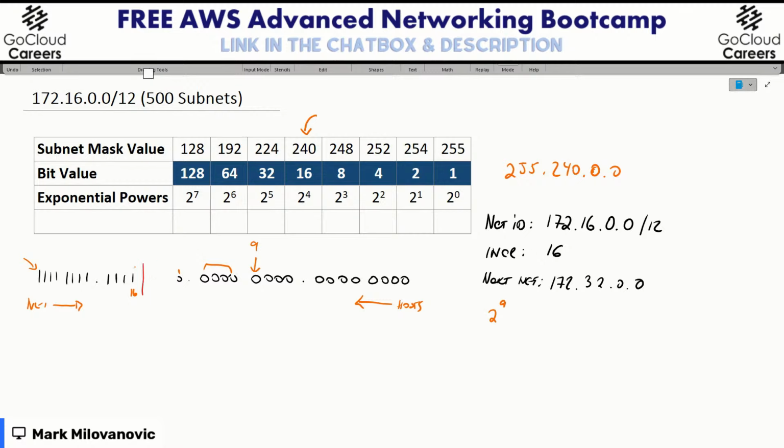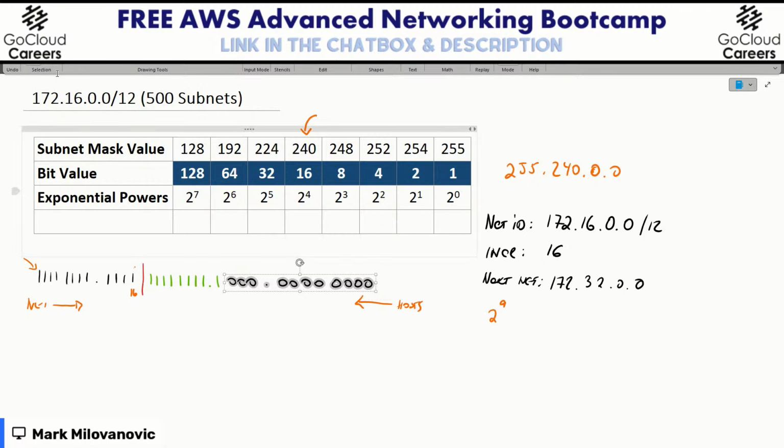And I'm going to change this up. I'm going to rewrite it because it's going to be my new network bit. So I got 1, 2, 3, 4, 5, 6, 7, 8, and I'm adding 1 more. Okay, and then the remaining bits remain the same.